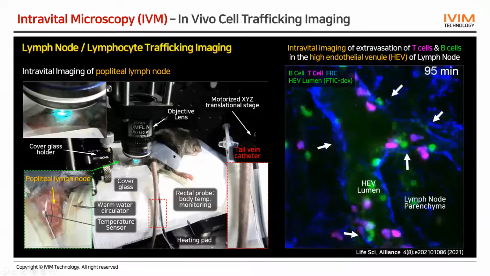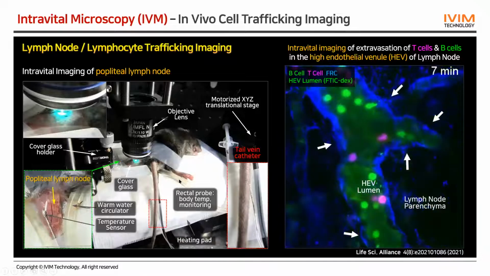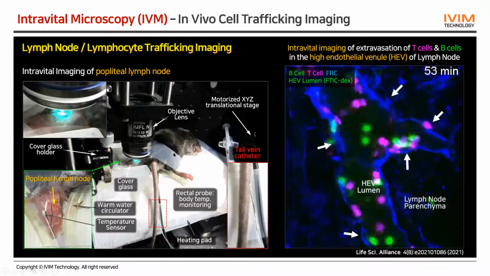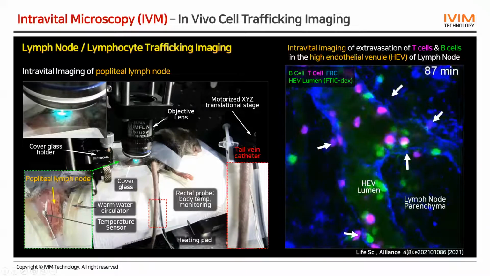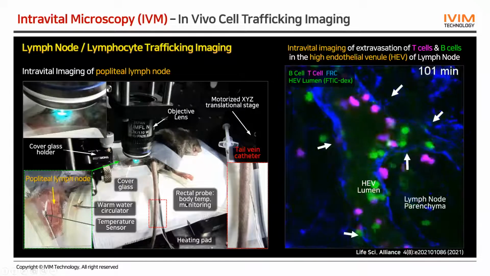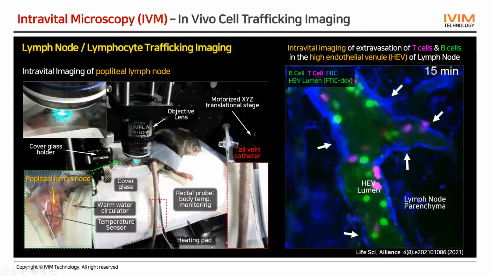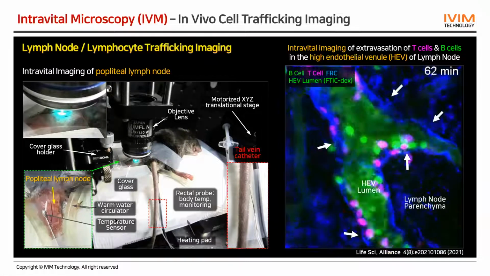As you can see in this photo, the mouse is anesthetized and placed on a temperature controlled heating pad to keep the body temperature stable. The body temperature is monitored by the rectal probe, as you can see here, and this measurement is used to control the heating pad temperature.